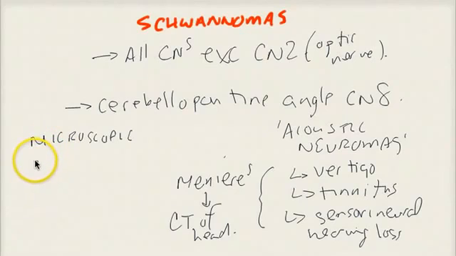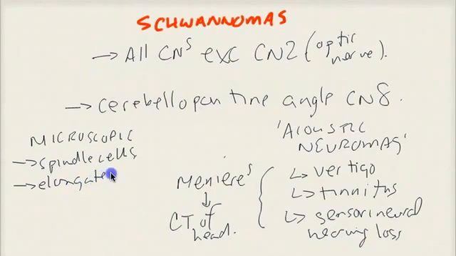Now, the cells are composed of spindle cells, and these are elongated, and they have regular oval nuclei. And they're also known as biphasic, which means they have highly cellular areas. Now, there's two patterns. There's Antoni A pattern or Antoni B pattern.